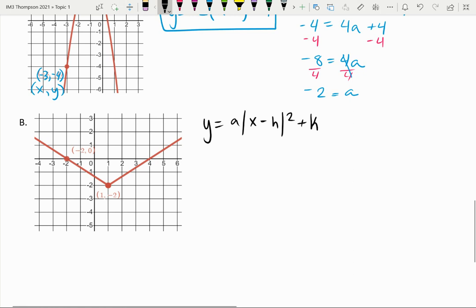This is easier because a is the slope. The point that this graph hits is negative 2, 0, and the vertex is at 1, negative 2.